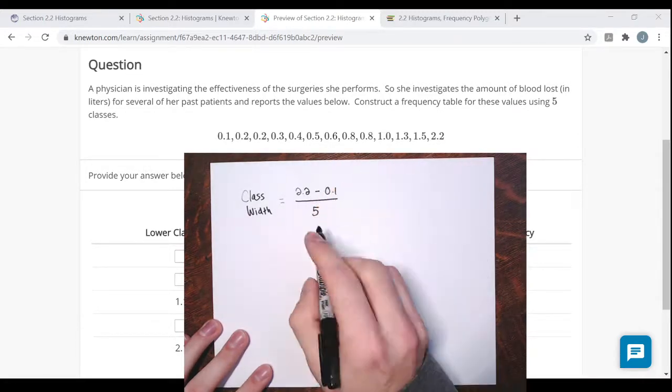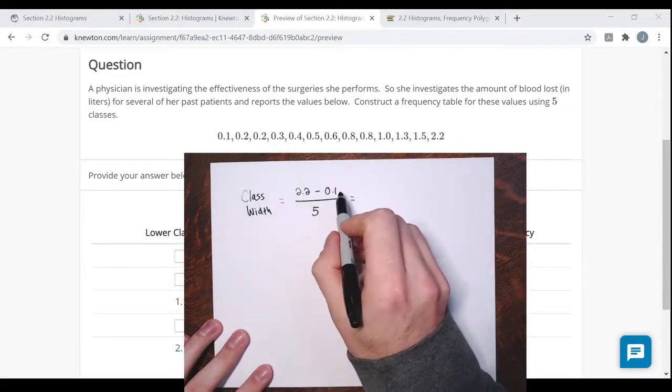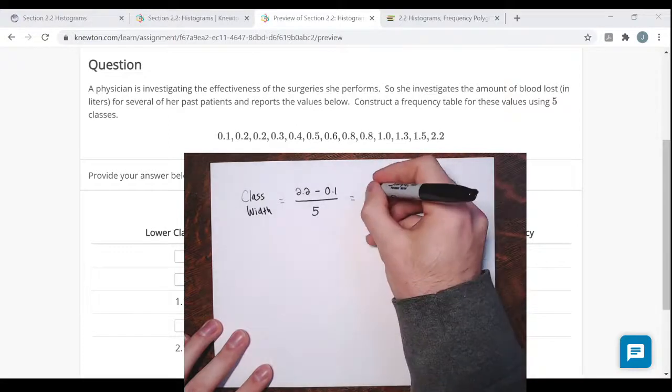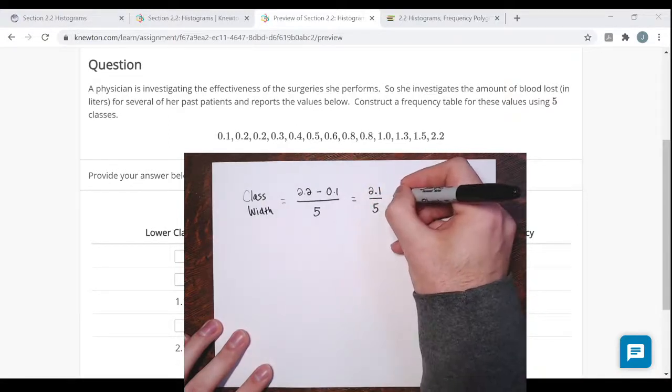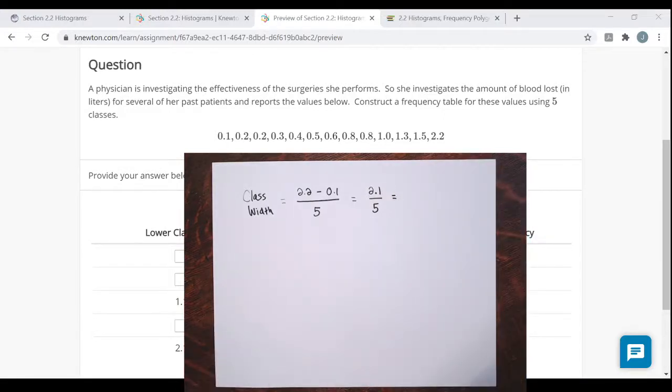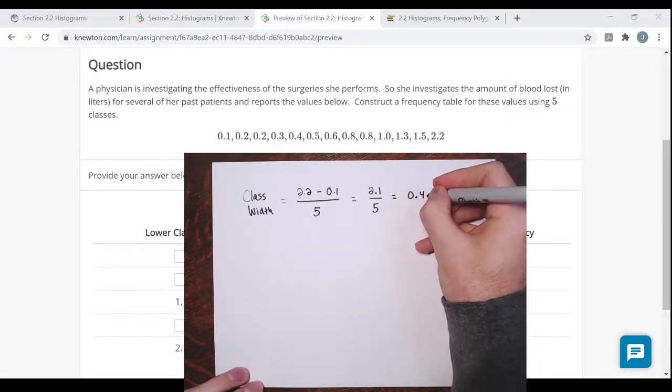So 2.2 minus 0.1 is just 2.1. Then dividing this by 5, let's see, 21 divided by 5 is 4.2. So this is 0.42, moving 1 decimal place left. 0.42.